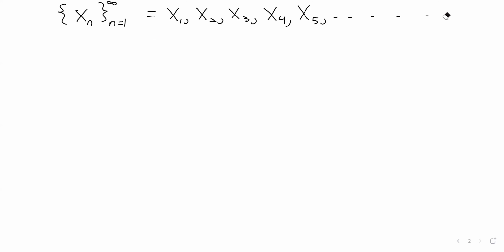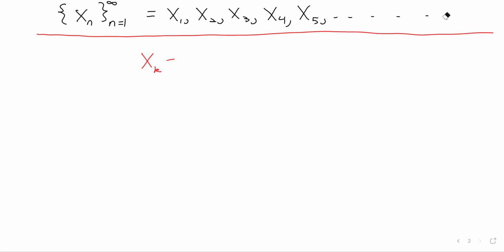So how do we define a sequence? Well, in one sense, I guess the easiest way is just to do it verbally. X sub k is the kth prime. There's a description of a sequence. So x sub 1 is the first prime number. The first prime number is 2. 1 is not prime.